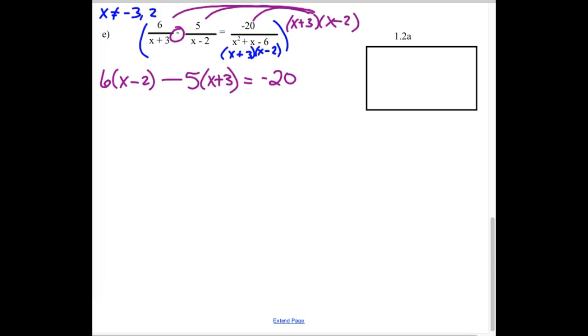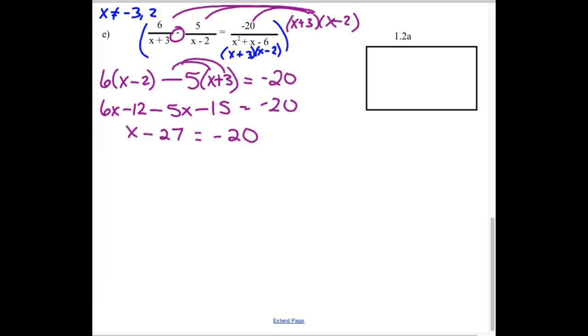Okay. Distributing, we've got 6x minus 12. Over here, be careful. We get negative 5x minus 15. Combining like terms, we end up with x minus 27. And then adding the 27 over, we get a 7.